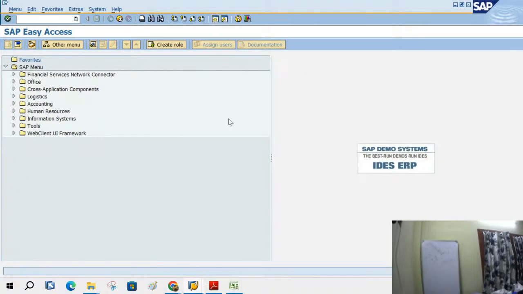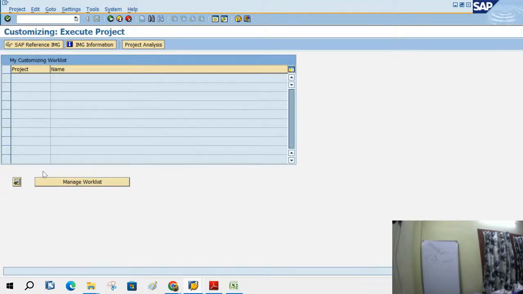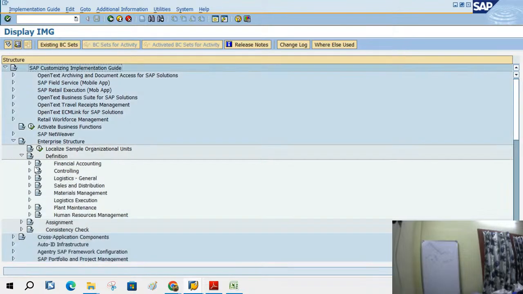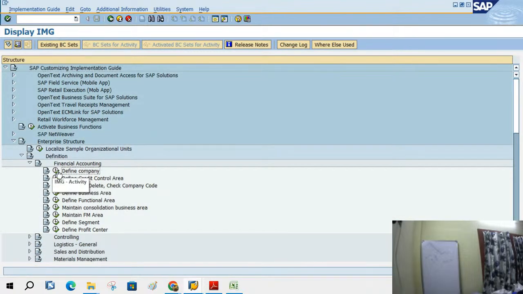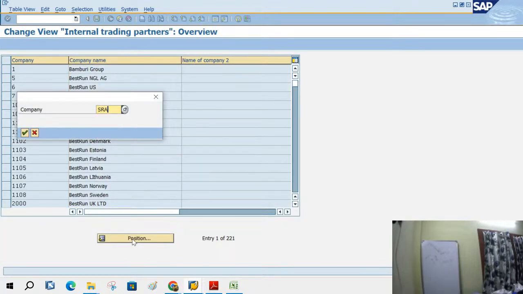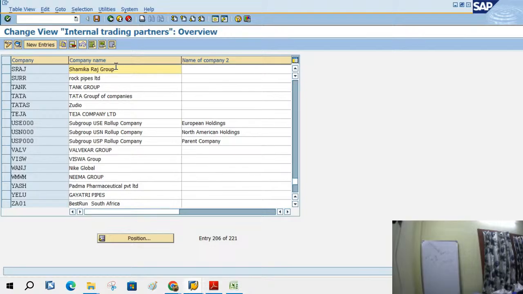This work you have already done at the enterprise structure level. Yes or no? Where have you done it? You have done it at enterprise structure. So SPRO, enterprise structure. Shamika, you have already done it. What is the consultant work required? You have defined your company as SRAJ. Correct? Step 1.